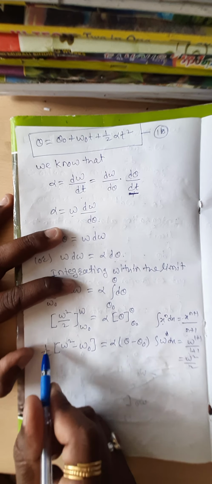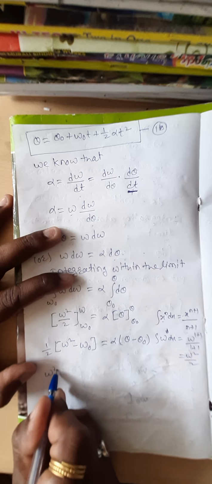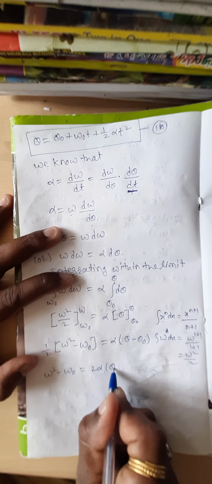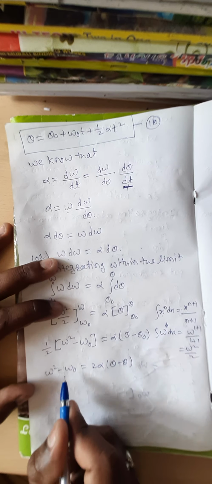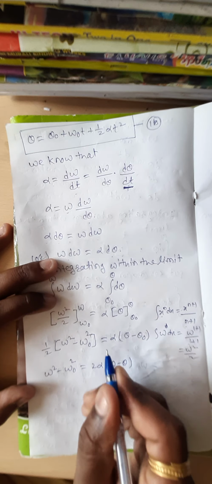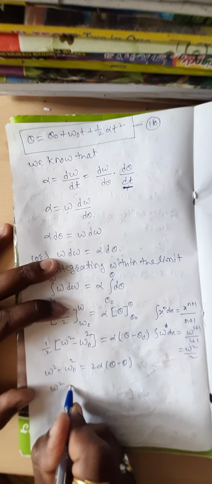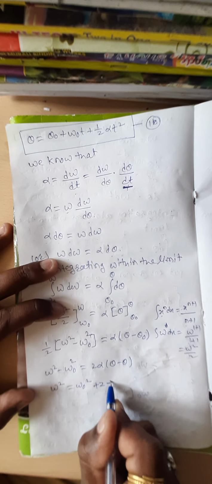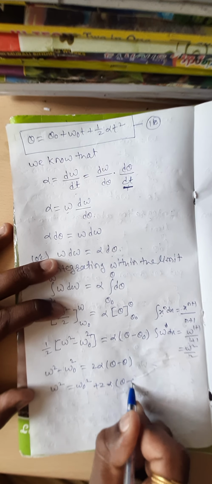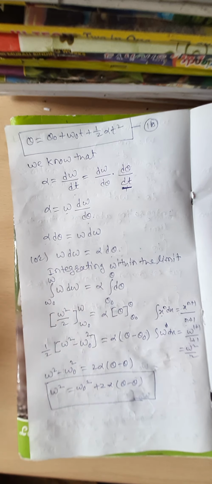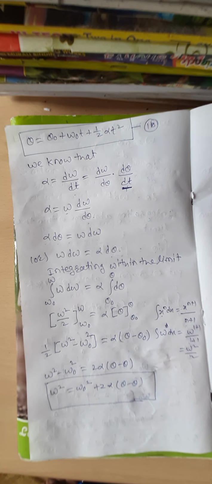Taking cross multiplication of 1 by 2, omega square minus omega naught square is equal to 2 alpha into theta minus theta naught. Now taking minus omega naught square from left to right, we get omega square is equal to omega naught square plus 2 alpha into theta minus theta naught.